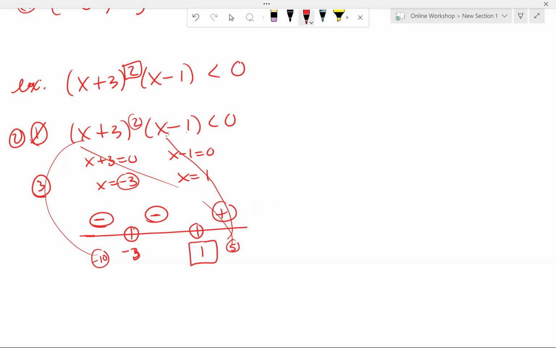The number line will change signs at 1 because that came from an odd multiplicity. So my answer, where am I less than 0 for step 4? Negative infinity to negative 3 in union with negative 3 to 1, because this is where the number line is less than 0.